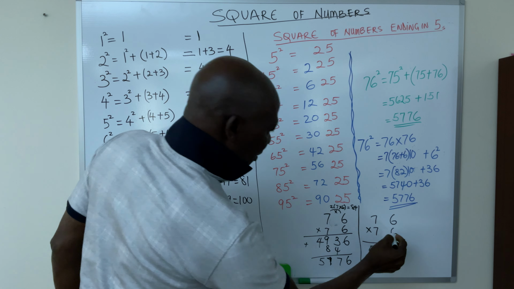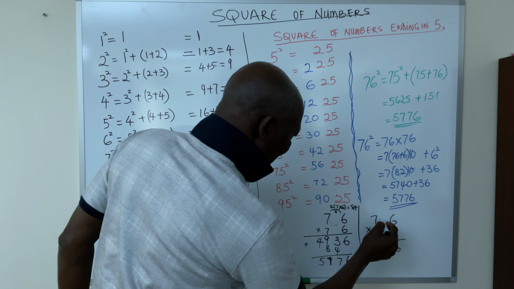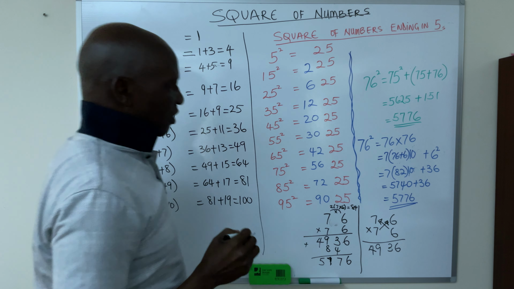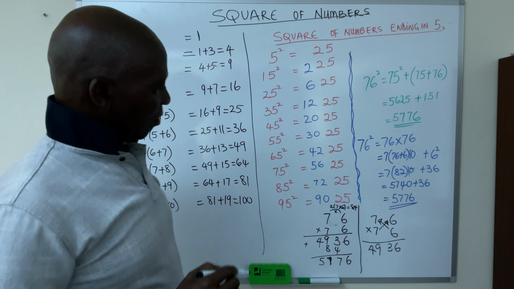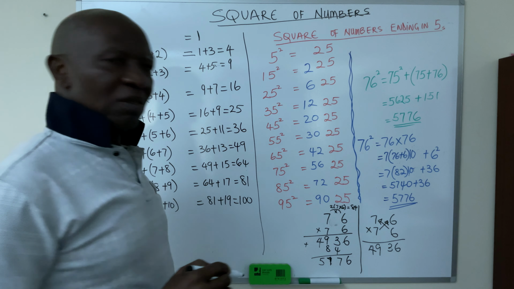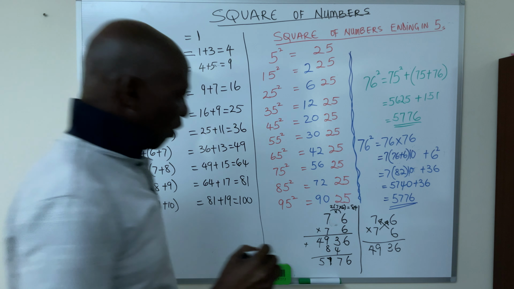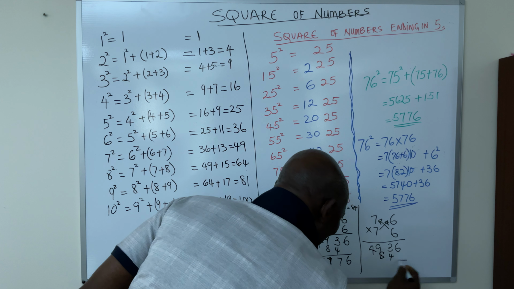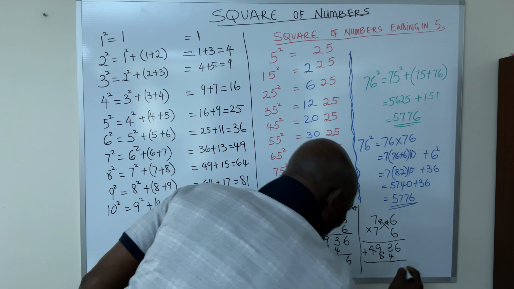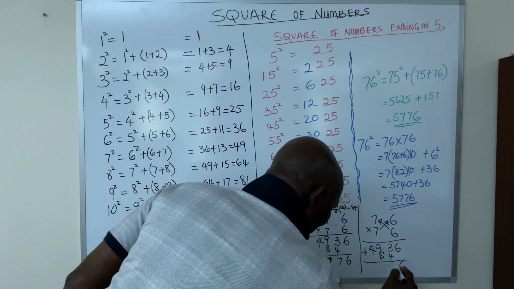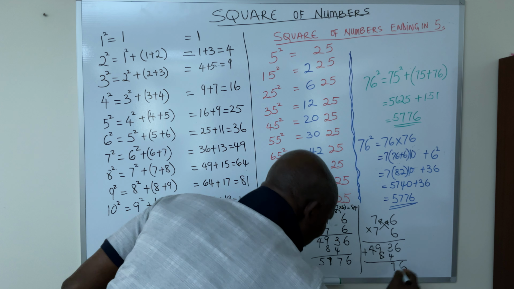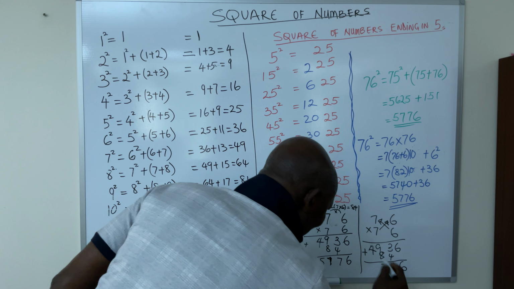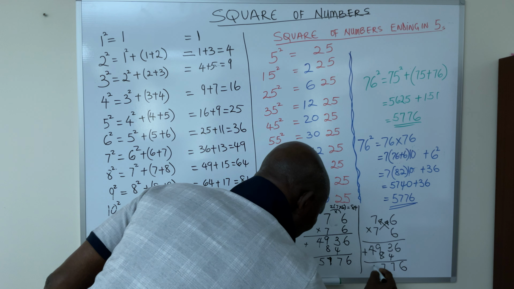Now, you cross multiply. 7 times 6, 42. Because there are 2 of them, 42 in 2 places is 84. Write 84 in the middle part and add. 6, 3 plus 4, 7, 9 plus 8, 17. We carry 1, 1 plus 4, 5.